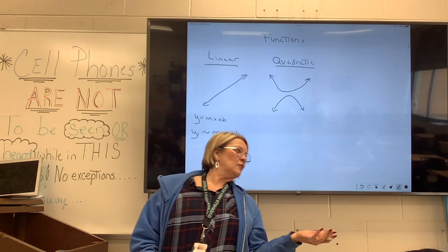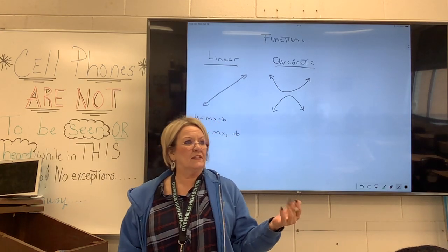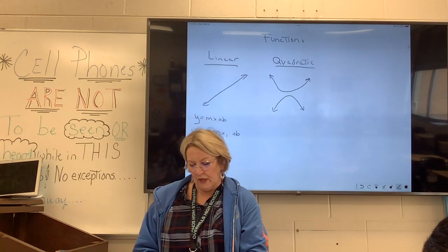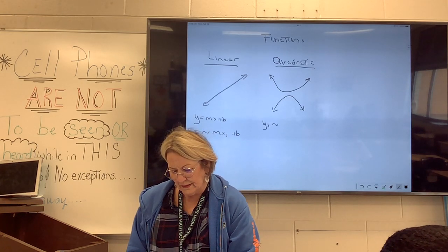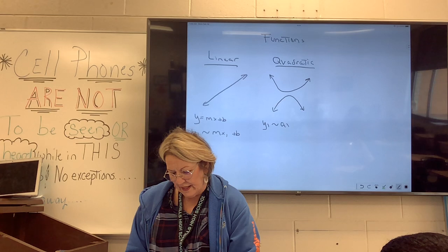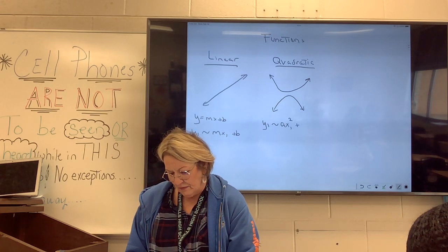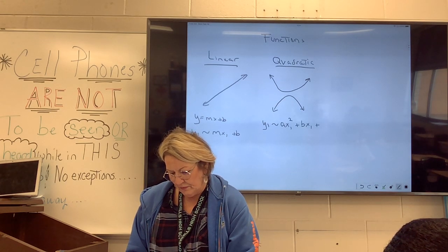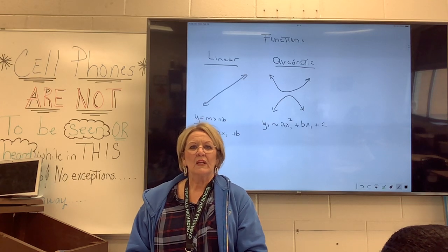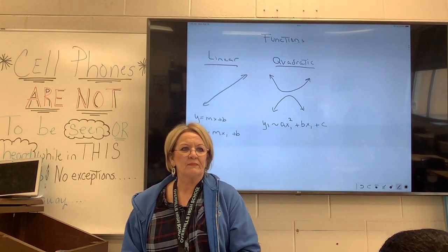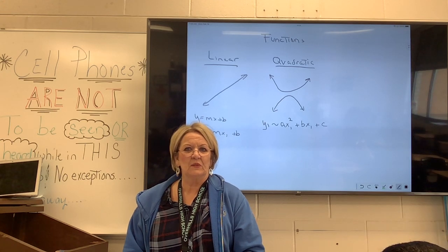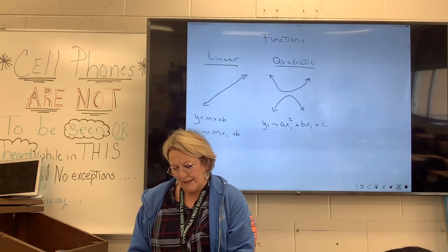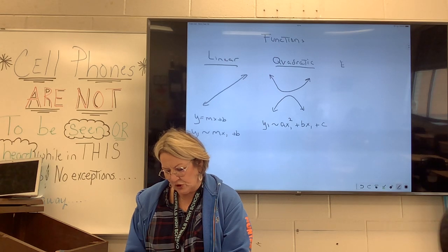And a quadratic graph, Matt, I'm gonna need you to get a pencil and take some notes, okay? Quadratic graph, you're gonna use y1 tilde ax1 squared plus bx1 plus c. This will make sense in a minute. That's your quadratic, if you're dealing with a quadratic. And the last one is exponential.